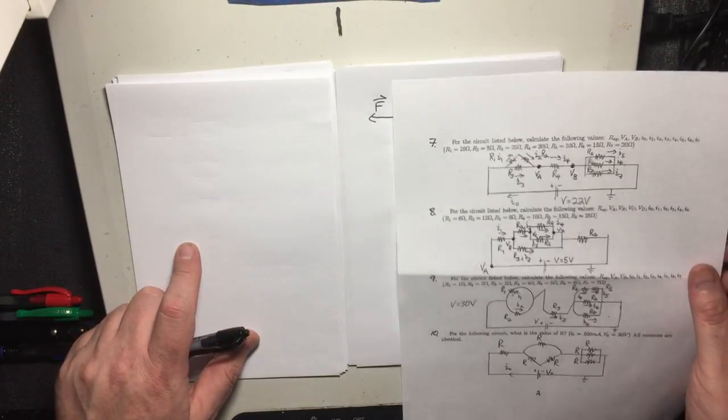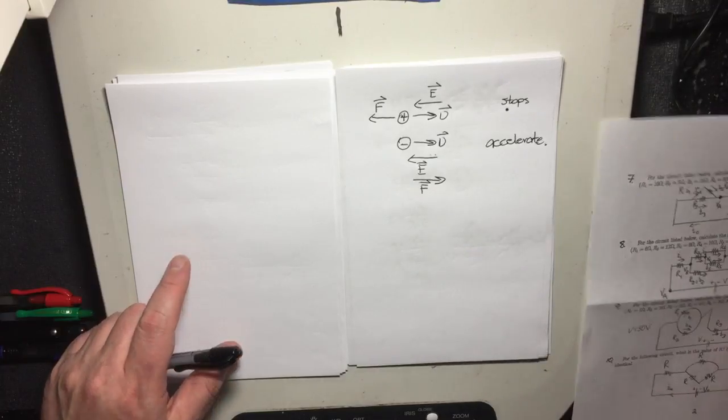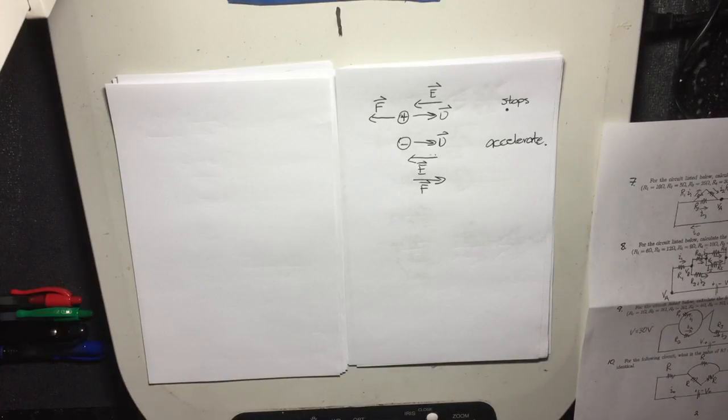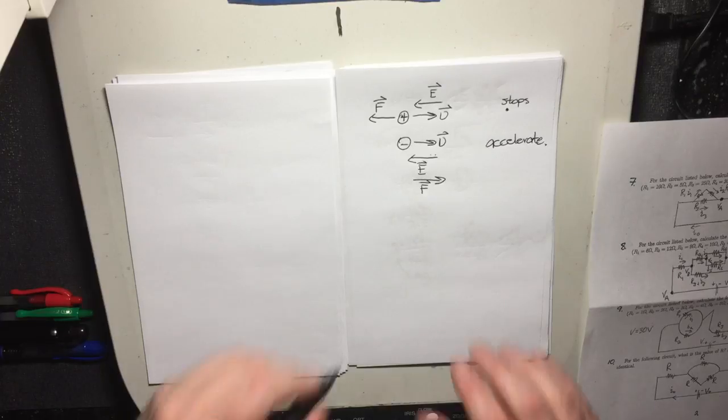For number 8, just a general question. Does the shape of it matter, like rounded corners versus? No. And that is one of the things that my TAs, when I was a student, said.